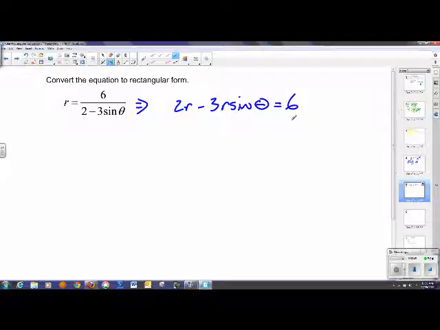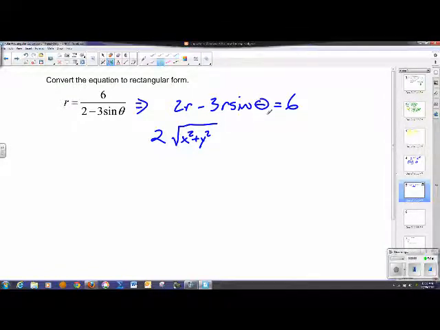Now, we've already stated that r is equivalent to the square root of x squared plus y squared. So I'm going to make that substitution here. Now, I could do the same thing in this case, but I'm left with this sine theta, which is kind of a weird deal. But I know I have an equivalent for r sine theta.